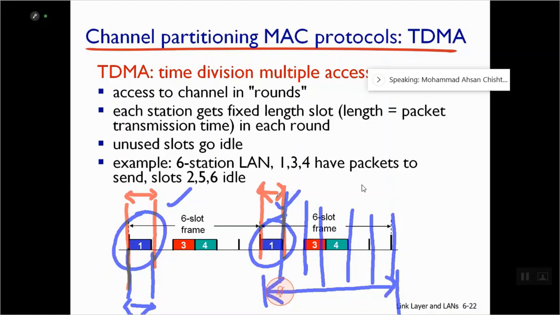Then one would get a chance in the next time frame and the next time frame and so on. So it eliminates collision. Everybody gets a chance. It's fair. But obviously, during that time slot when one is transmitting, the data rate at which it would be transmitting would be R by N, where N is the number of nodes and R is the transmission rate of the channel.